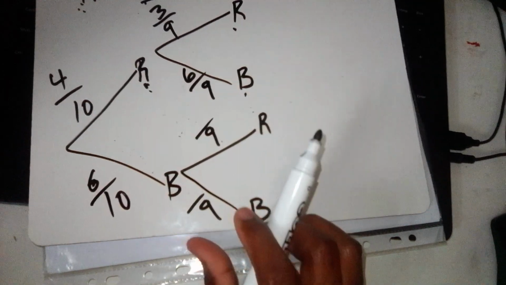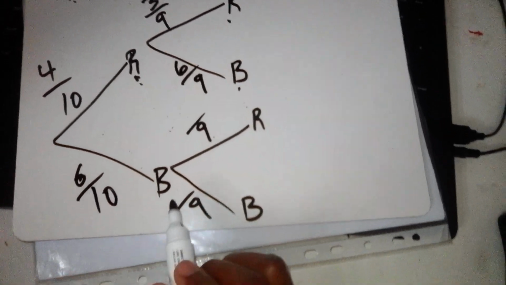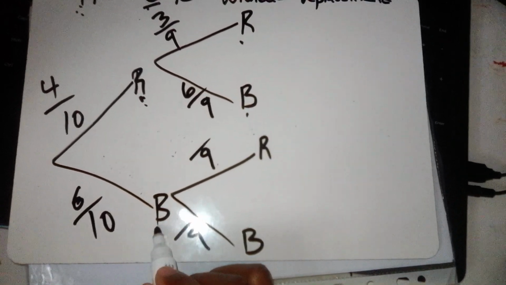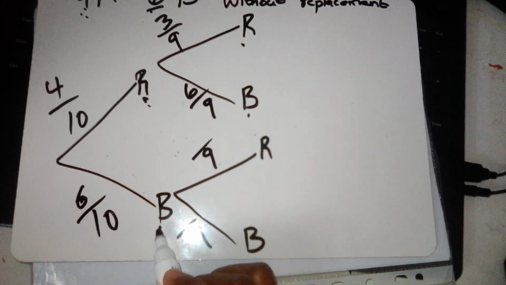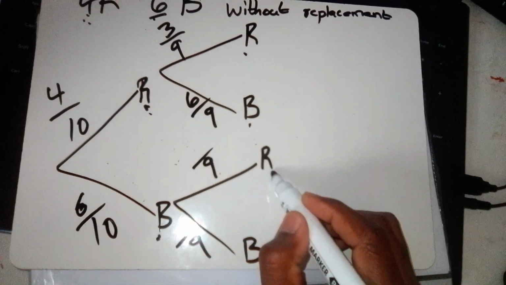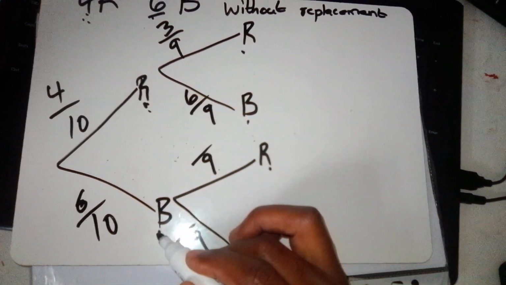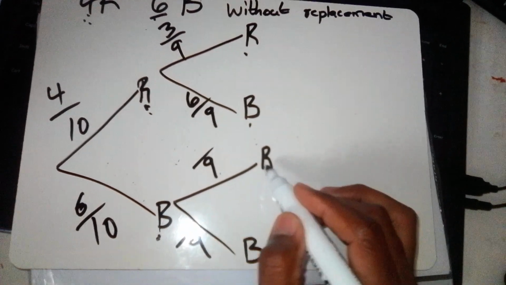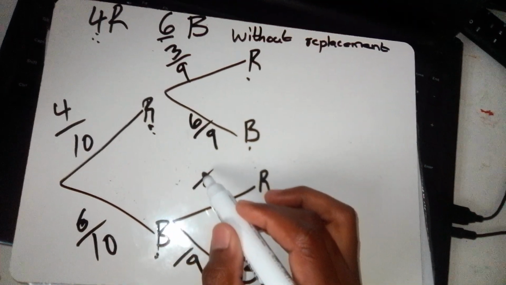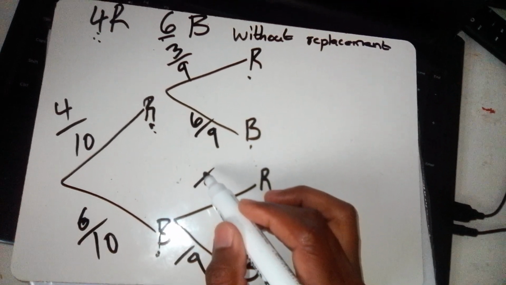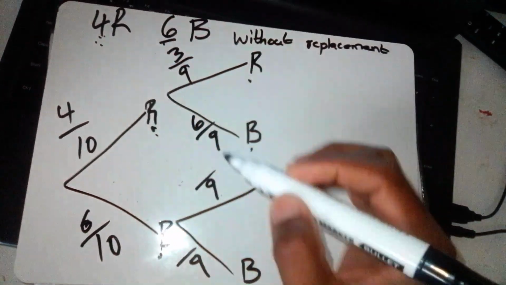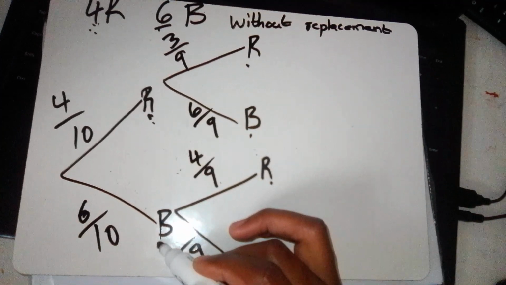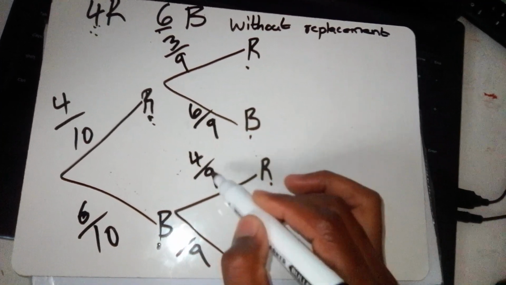Now let's come to the second one. Suppose when you are taking out the first ball, it becomes blue. If you take out blue, did you touch red? You did not touch red because you took out 1 blue. So our red is still going to be 4. Red is not affected.